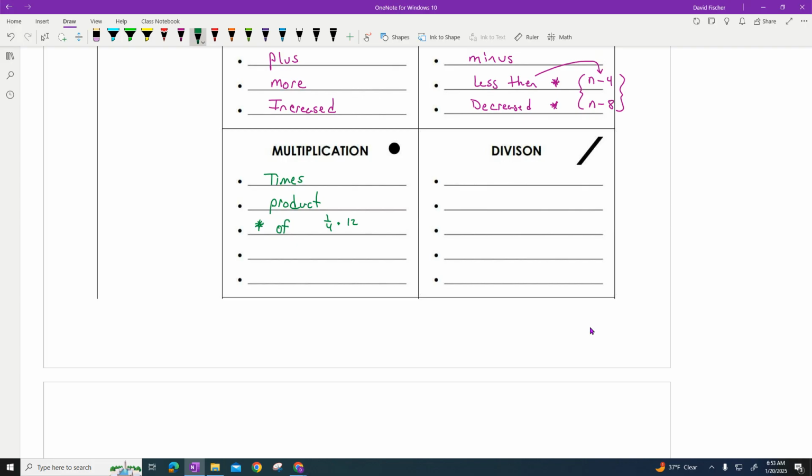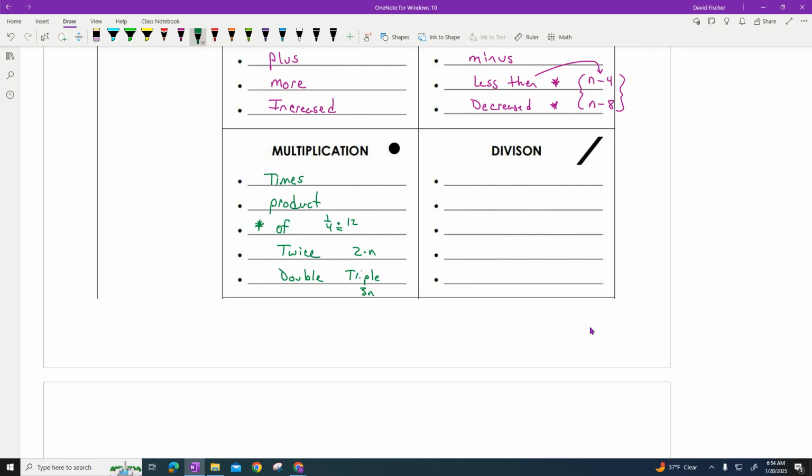The word of means times, okay? Here's some other ones. If somebody says twice a number, that would mean 2 times some number. I'm going to double it, okay? Or if they say double, well, I just said that one, or triple. Sometimes you'll see those words. Triple would mean 3 times a number. I want to make it 3 times bigger, okay?